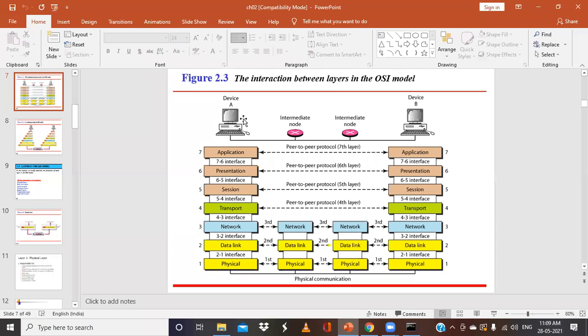In such cases, what exactly happens? The device which is transmitting the data is not directly sending it to B. In between, there is something called a subnet. It will transfer the data to the subnet, and there can be a number of subnets, and through those subnets the data will reach the destination.